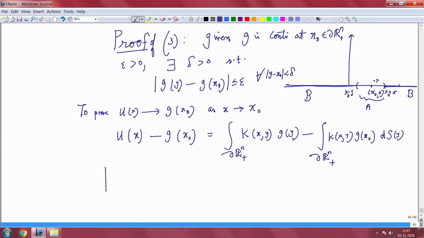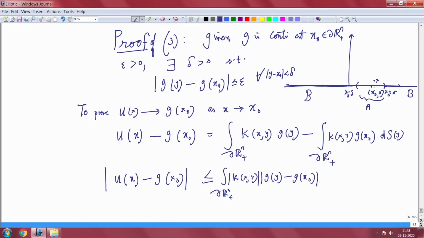So, if you compute, u x minus g x naught is less than or equal to the integral over the boundary of Rn plus of k of x y, which is a positive thing, times modulus of g y minus g x naught.